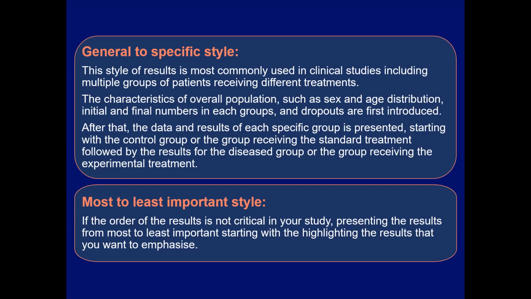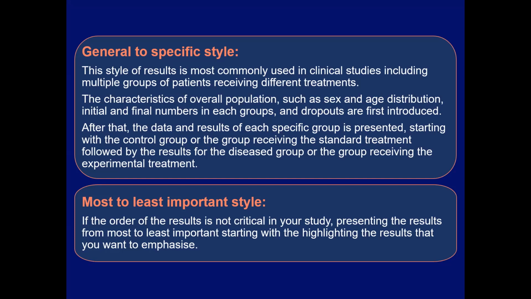Okay, the last one, the most to least important style. It depends on how critical your study is. If the result is not critical in your study, you can present it this way, from the most to the least important, highlighting the results that you want to emphasize.